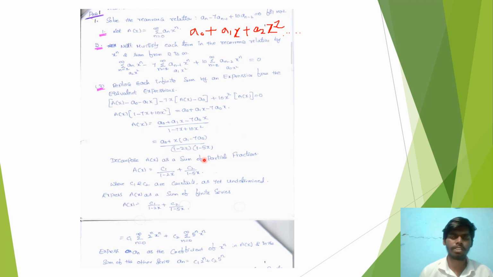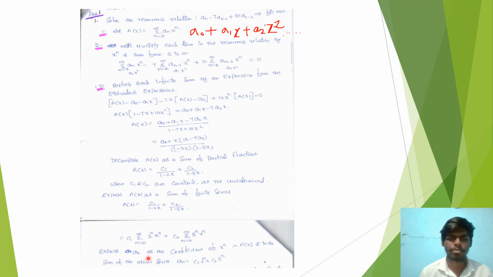We know that a generating function can be written as A(x) is equal to c by 1 minus x, so that we can write it as c times the summation of 1 to the power of n x to the power of n, since the coefficient is 1. Similarly, coming to this equation, A(x) is equal to c1 by 1 minus 2x plus c2 by 1 minus 5x, we can write it as c1 times the summation of n equal to 0 to infinity of 2 to the power of n x to the power of n, plus c2 times the summation of n equal to 0 to infinity of 5 to the power of n x to the power of n.